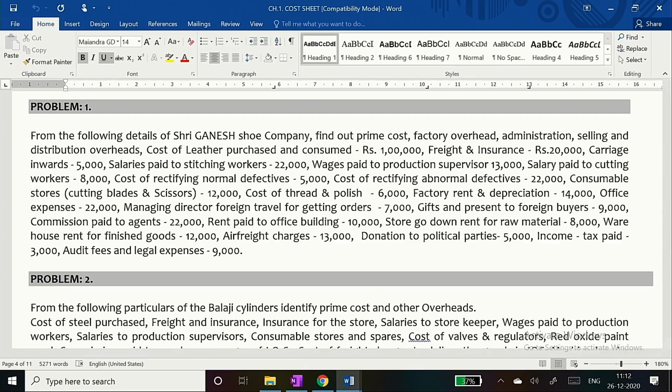For producing a product, you don't need donations to be paid. Income tax paid is also financial in nature. But audit fees and legal expenses are normal administration in nature. Revenue expenditure. I hope you are all clear.